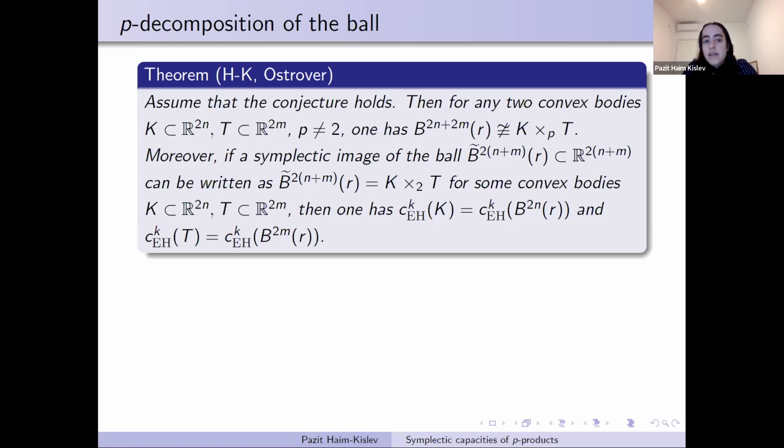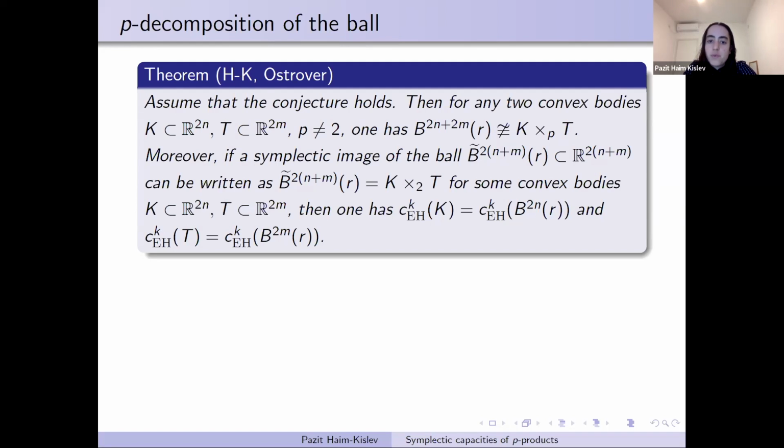So if the conjecture we've shown holds, then it means that any symplectic image of the ball, if it can be represented as K times_p T, then p must be 2. So for every p different than 2, it cannot be.